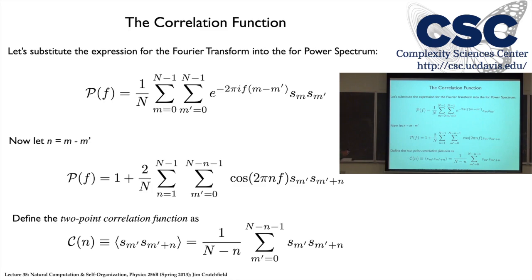And when I do that, I end up defining a quantity that I call the two-point correlation function. Actually, as I go through the lecture, this quantity is not the quantity that I'm going to be talking about, but I'm going to talk about a related quantity to it. But the correlation function is nice because it gives me some information about what kind of knowledge symbols have when they're separated by a certain distance. And I'll give you a little bit better interpretation on the next slide.